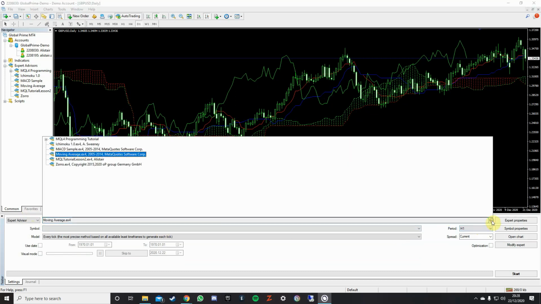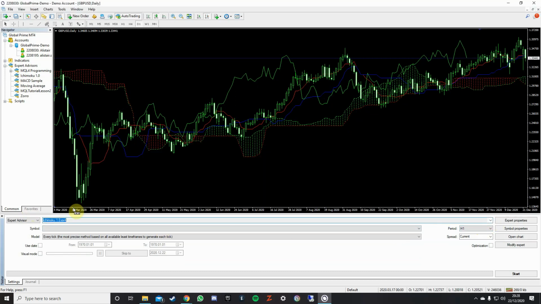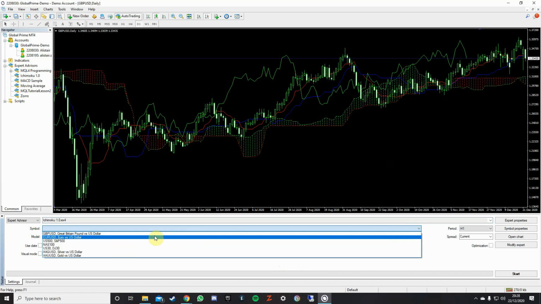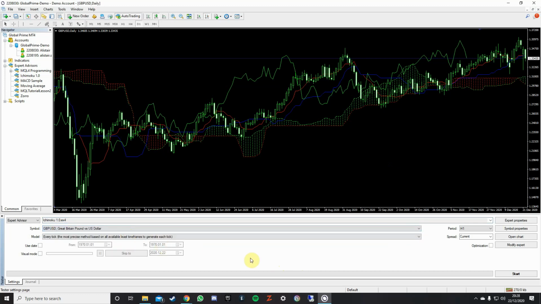So we want to go in the drop down and select our indicator. We're going to use, let's stick with the pound dollar, and we're going to have it every tick, and let's use the date. So we'll go from the 21st of November 2019.